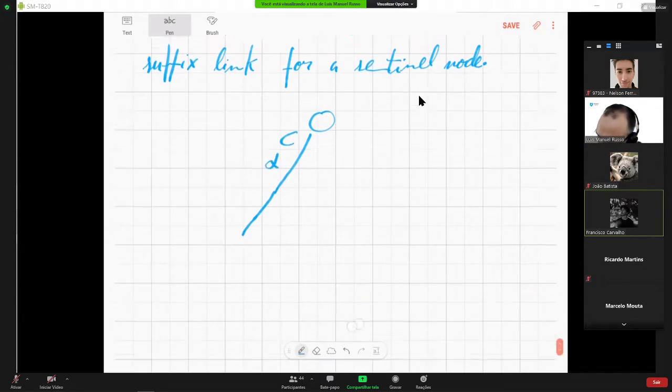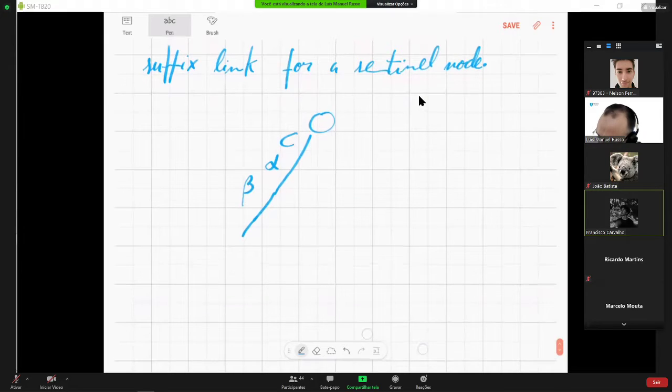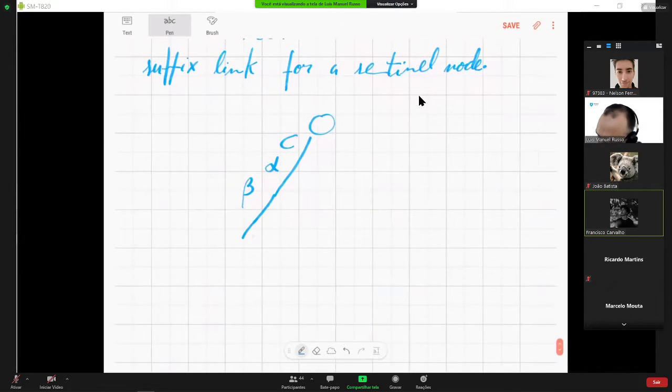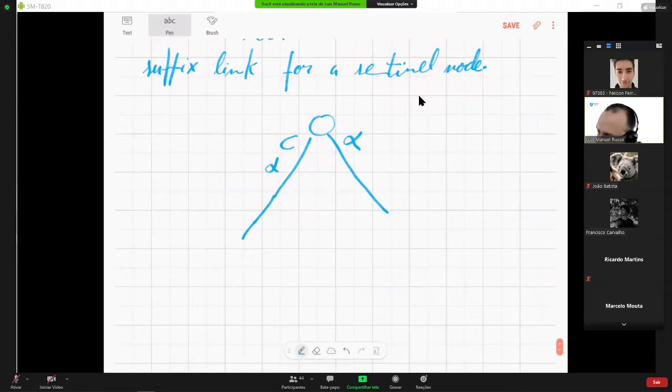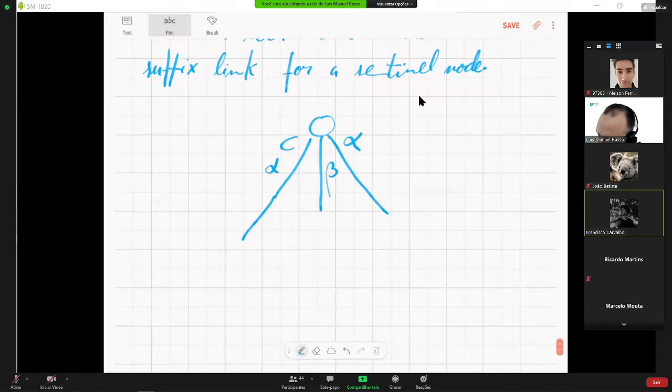Another two substrings coming from the root. If there's an alpha here and also a beta alpha, how could we create a shortcut between these three cases?